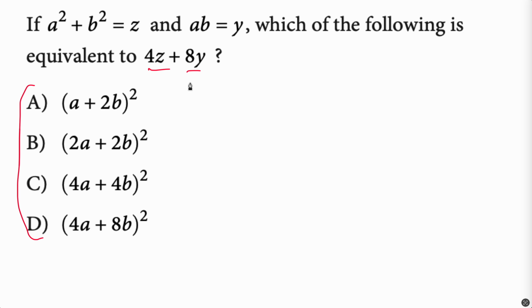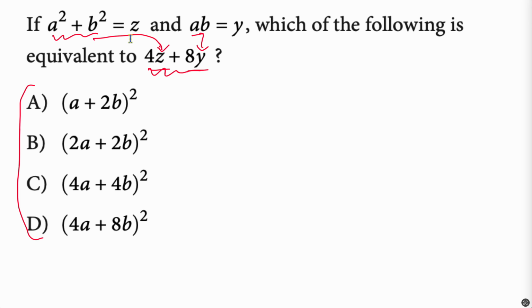So first, the premise, they give us a squared plus b squared equals z, right? So basically we just replace this and put it in here to replace the z, and then a times b equals y, and then we put that in here to replace for the y, so we can rewrite this equation here. So how do we rewrite it?